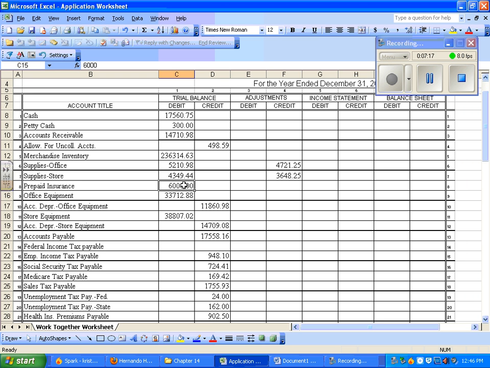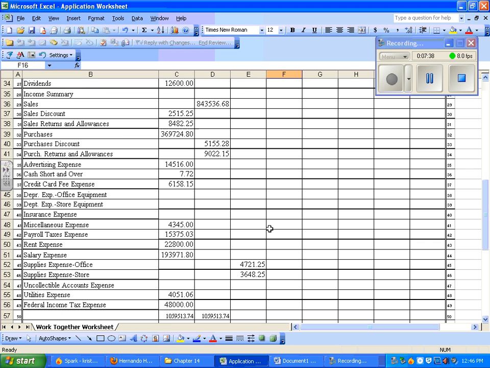So we're going to reduce the $6,000. In order to reduce it, an asset, we're going to credit it $5,500. That $5,500 represents the amount of insurance that we used throughout the year. Once we use it, it becomes an expense. So we're going to go down here and we're going to debit insurance expense $5,500.